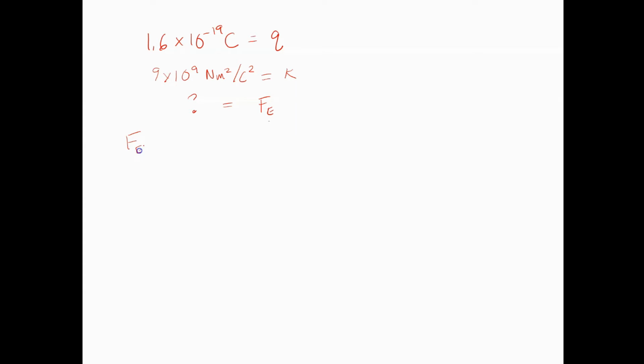Electrostatic force is directly proportional to the proportionality constant, Q1, Q2, over distance squared. So we have the K value. We have Q1. Oh, we don't have Q2.